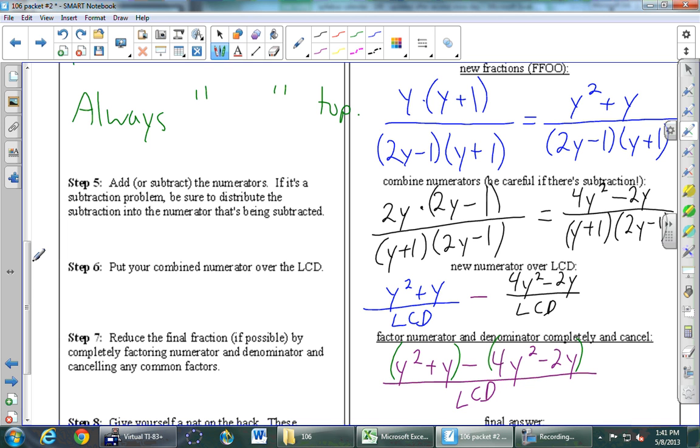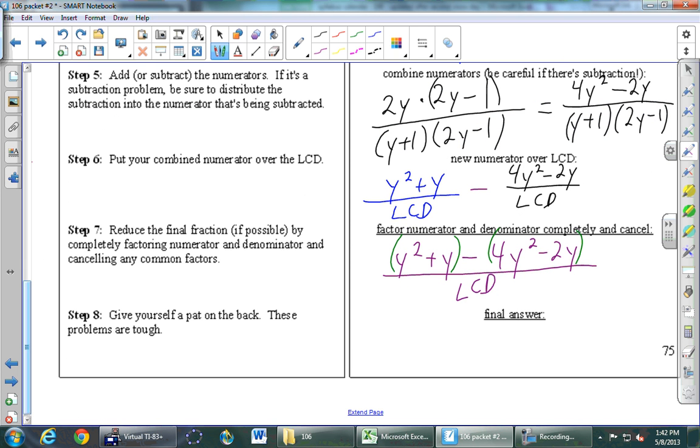So subtraction problems have this extra layer of difficulty because you can forget to put parentheses and it changes the answer. You've got to have them there. So let's combine and get our final answer to this problem. Okay, so we've got y squared plus y.